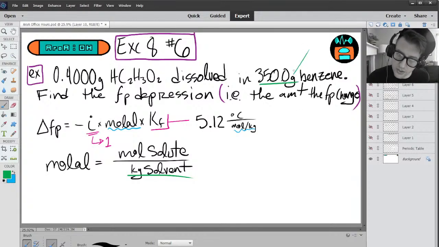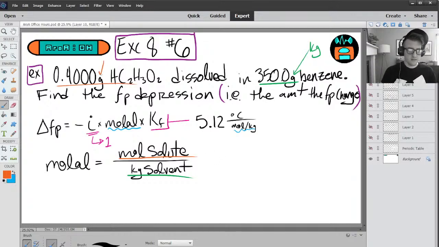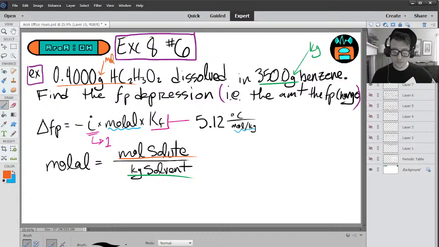We need to convert this to kilograms. And then we get the moles of solute from, again, a unit conversion to pop that into moles. So this is going to take a couple unit conversions, but we are up to the challenge.